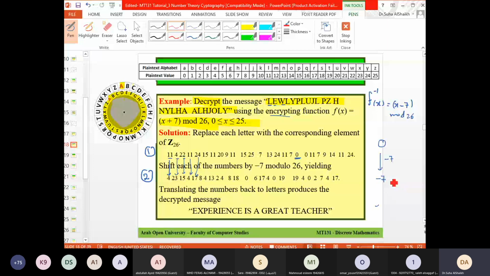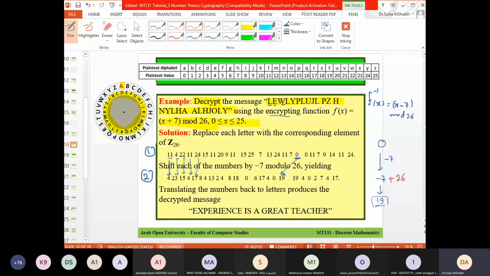Does that work? It doesn't work. I have to add 26 and then the result will be how much? 19, right? 19, yeah. And why 21 - 7 if I add 26 to it, it's what? 19. Yeah, so 0 goes to 19.